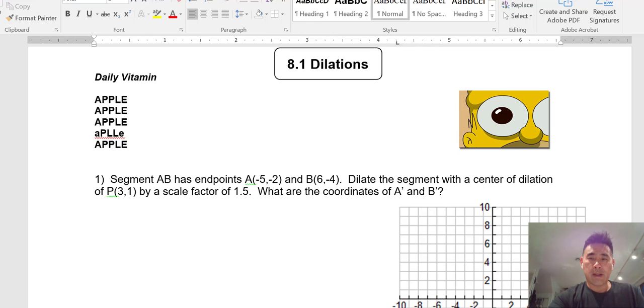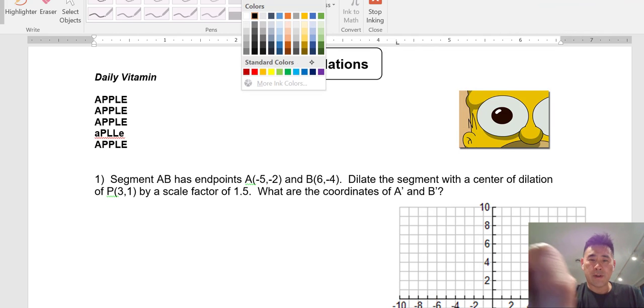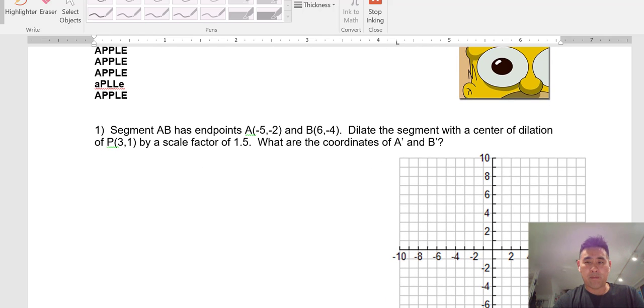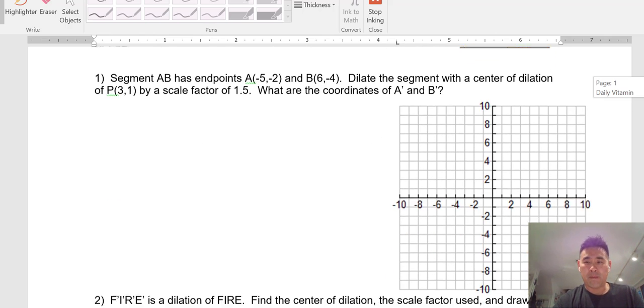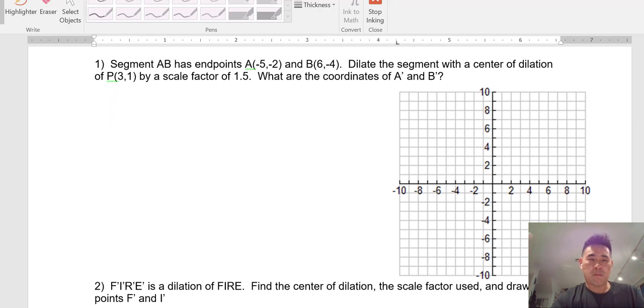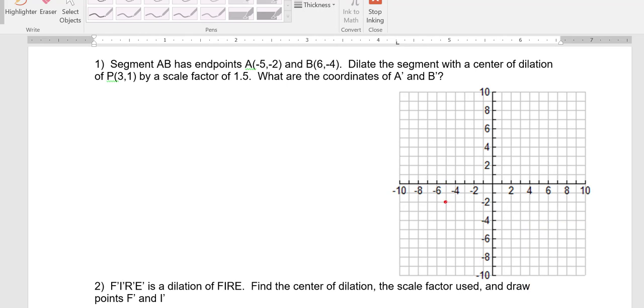So let's go after a couple of problems here, and the first problem we're going to go after is this very first problem. It basically is talking about taking a segment with endpoints A at -5, 2 and B at 6, -4, which is right here.